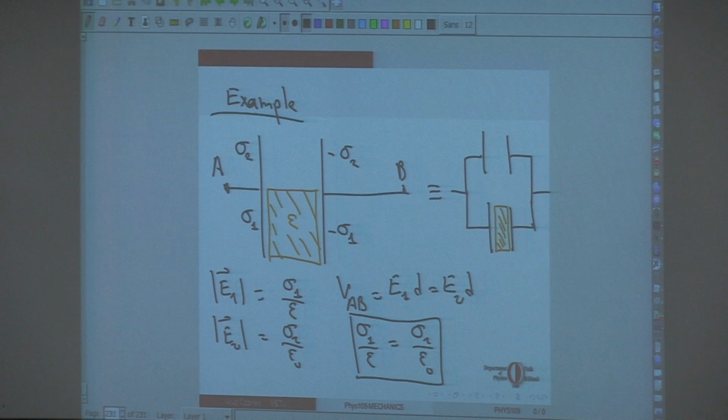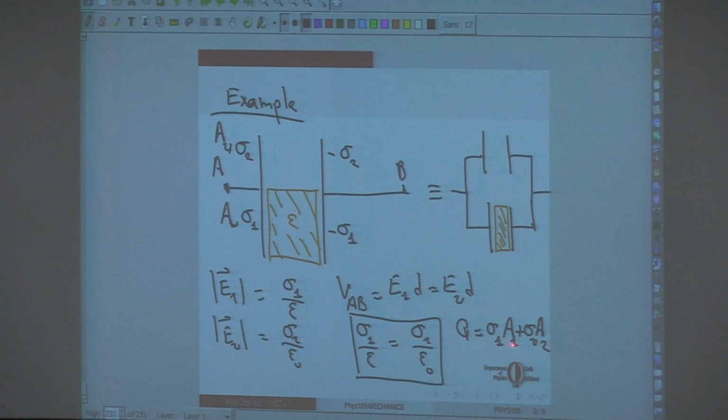And we also know that, let's say this is area 1, this has a total area A1, this has a total area A2. Q is equal to sigma 1 times A1 plus sigma 2 times A2. We know the total charge, so we can actually solve for sigma. We have two equations that relate sigma 1 and sigma 2. You can solve for sigma 1 and sigma 2 using these two equations.